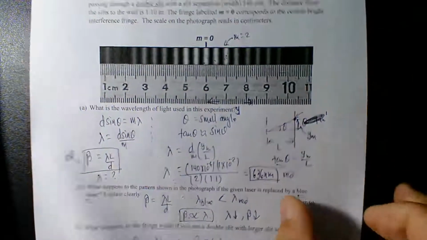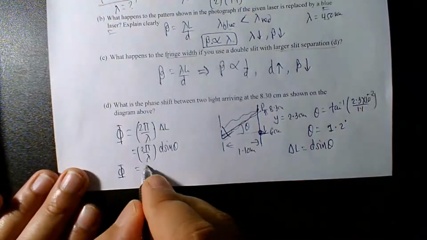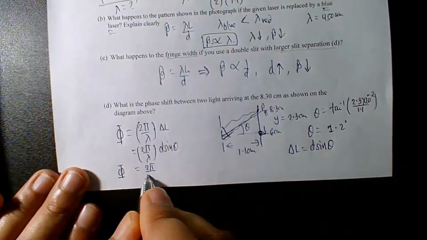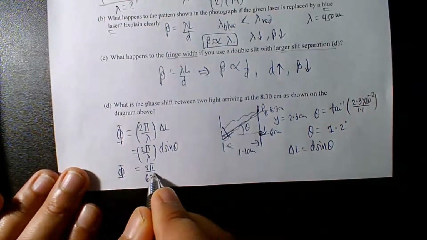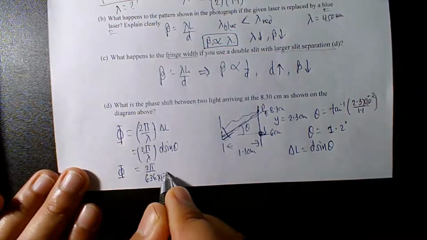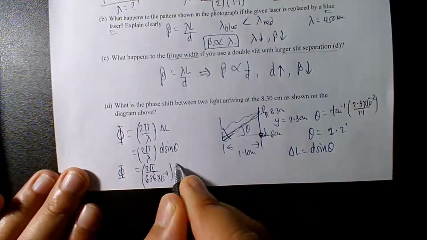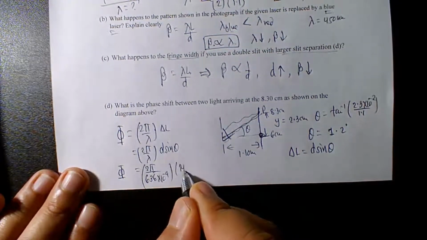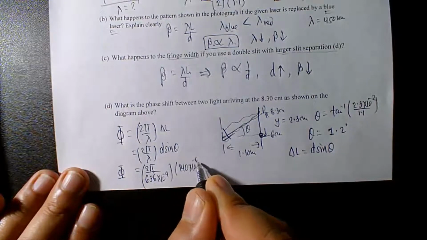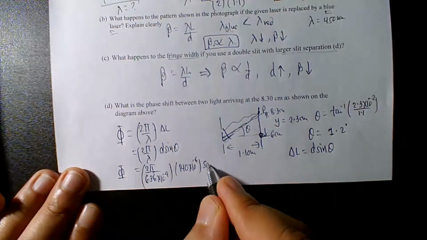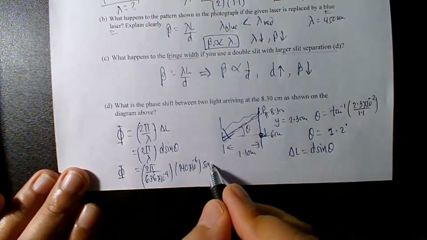8.3 is somewhere here. So lambda is the wavelength of light used, which we found from part A, 636 nanometer. And d, the slit separation, is 140 micron, and theta is 1.2 degree.